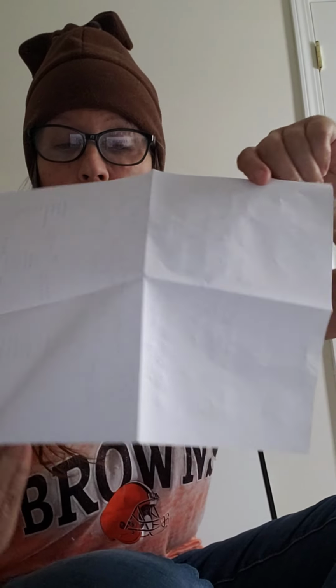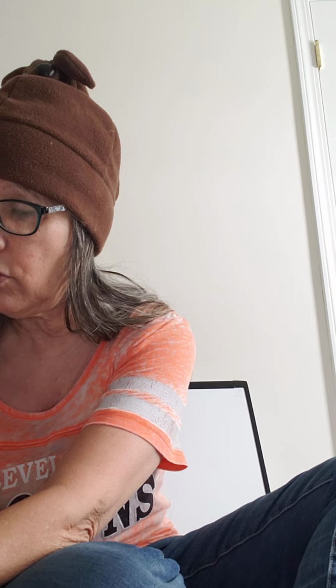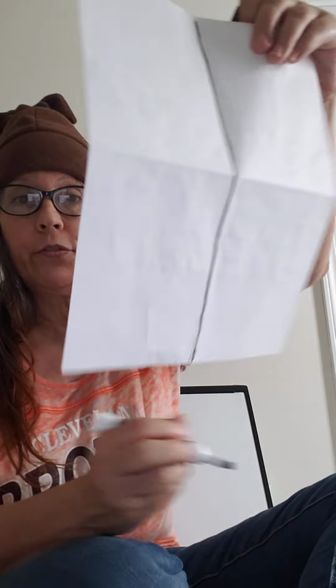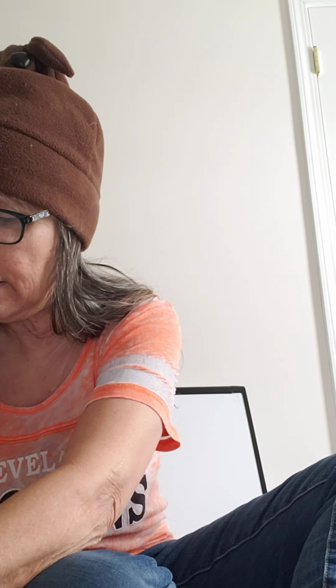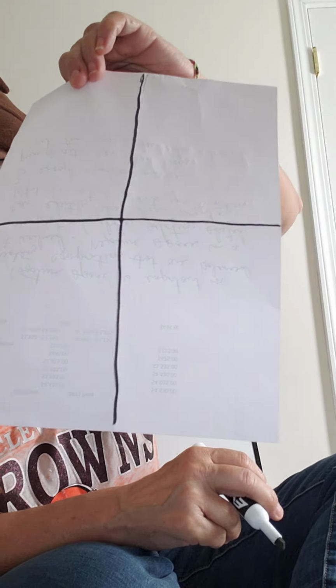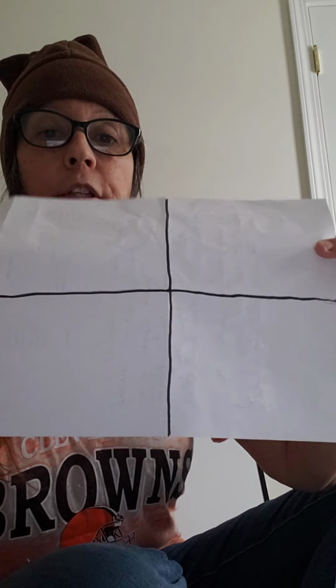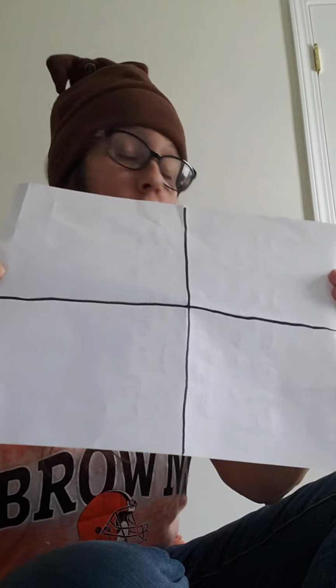Then you will take your marker, or your crayon, and you're going to go down the center line in the fold there, and you're going to come across this way. So your paper is now in four sections, okay? You can either color it this way, and I'm going to do mine long ways.